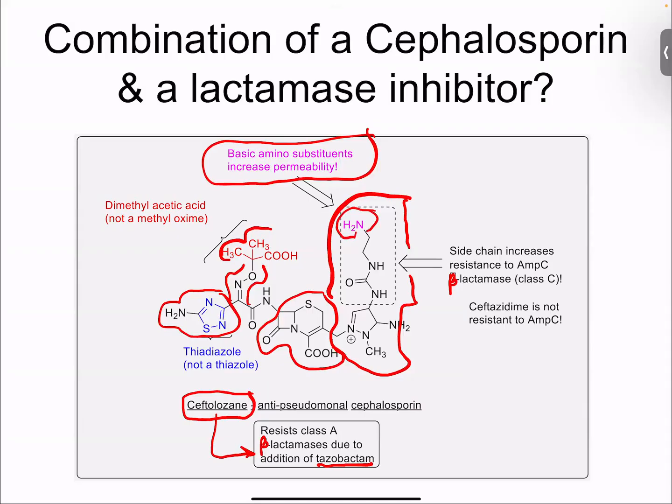So again, polarity and basicity seem to be correlated with enhanced penetration through the porins. And then the composite of that side chain, all of it put together, has been suggested to help protect the drug from hydrolysis by beta-lactamase, in particular the AmpC beta-lactamase that Pseudomonas likes to produce.